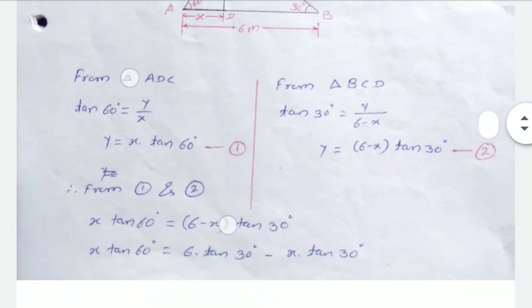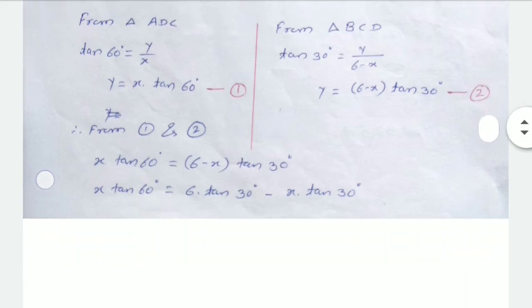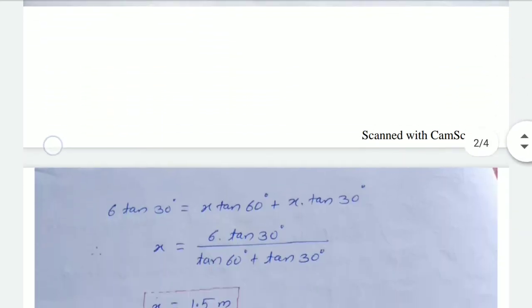So we will get two equations in terms of y. By equating these two, we get x tan 60 is equal to (6 minus x) tan 30. By expanding this, we will get 6 tan 30 minus x tan 30. In this equation the only unknown is x.